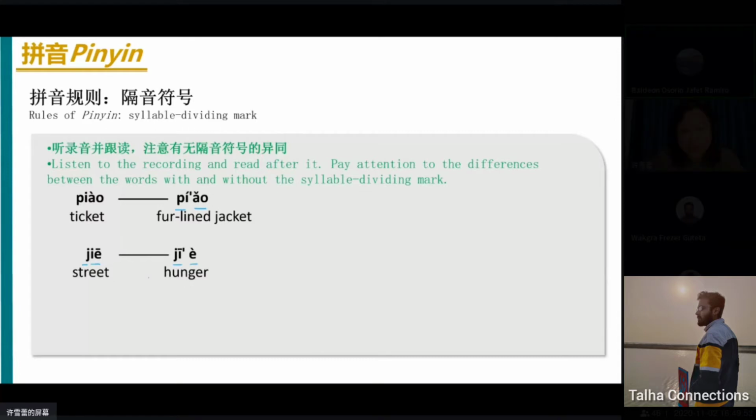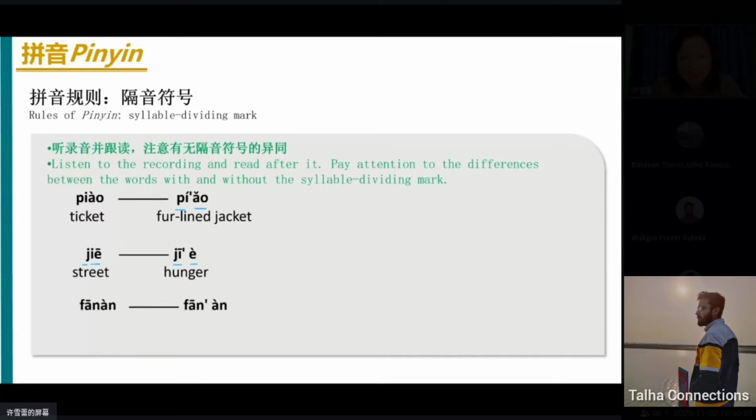So the syllable dividing mark is quite important. Look at this one.